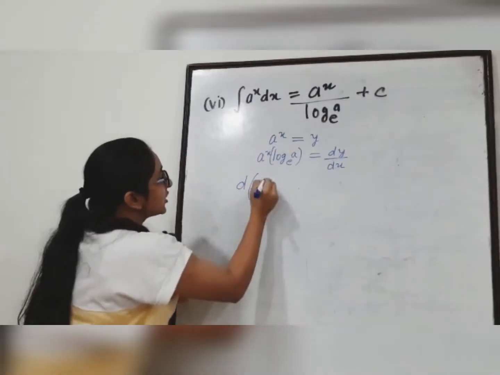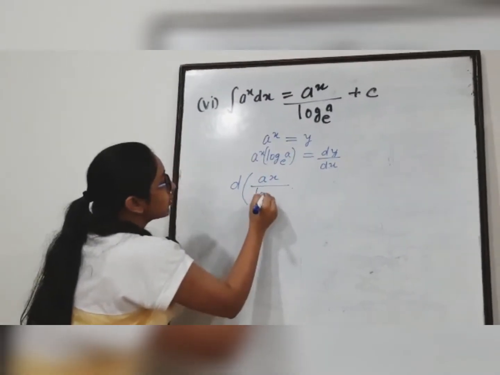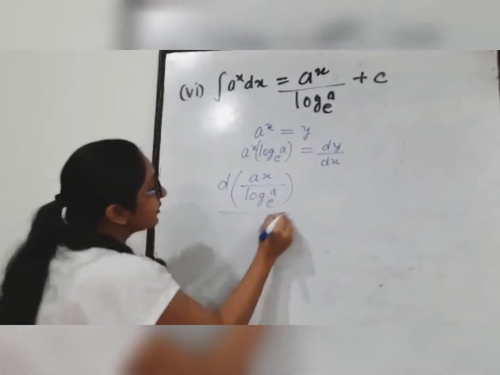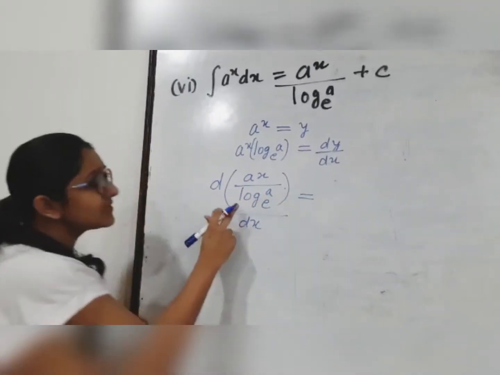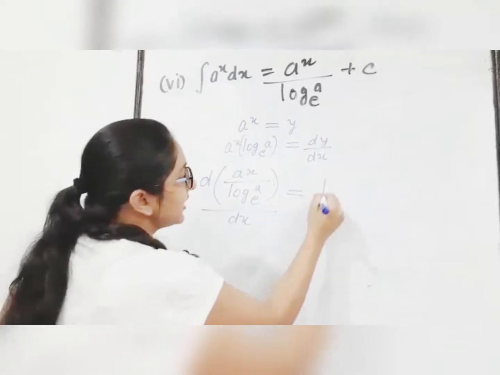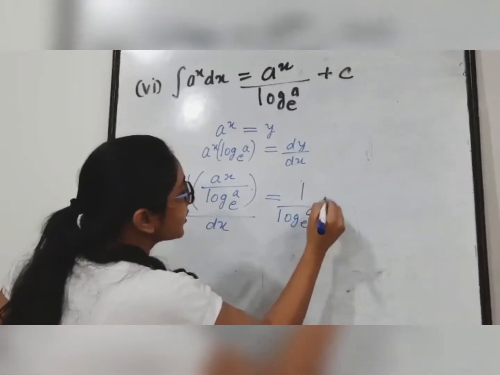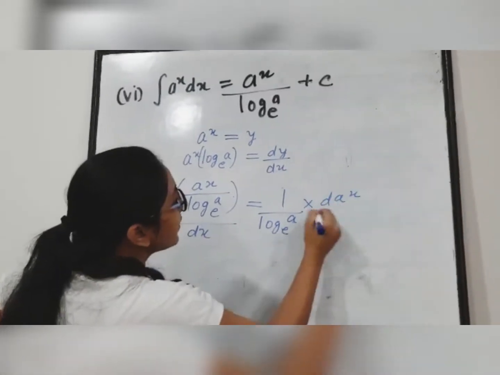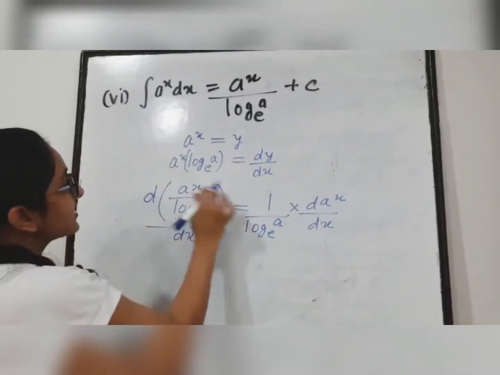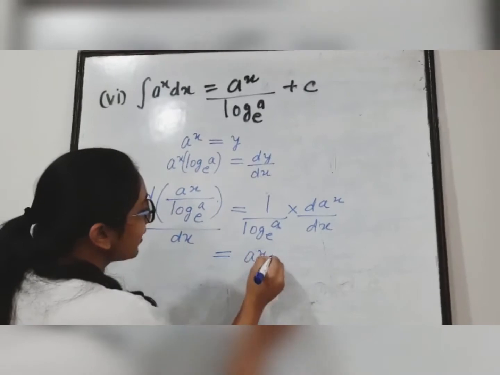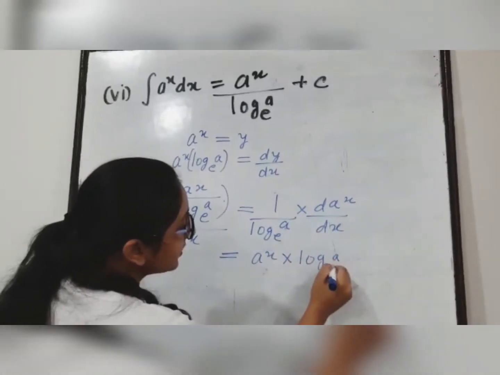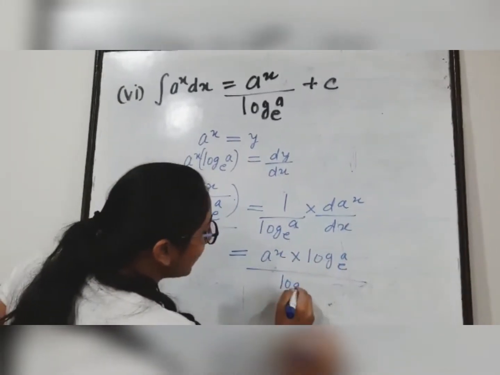So let's differentiate a to the power x by log a to the base e with respect to x. Since this is a constant, it will come outside, and it will be 1 by log a to the base e multiplied by d of a to the power x by dx, which is y itself. So this will be a to the power x multiplied by log a to the base e divided by log a to the base e.